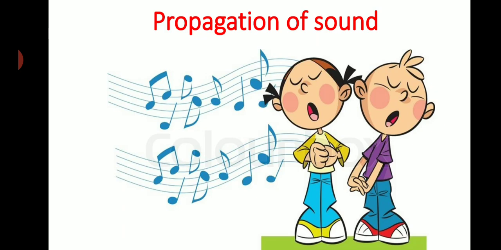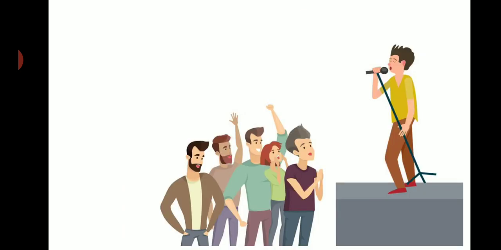We also learned that sound needs a medium for propagation, and it can travel through air, through liquids, and through gases. So let's learn how sound propagates through different media.